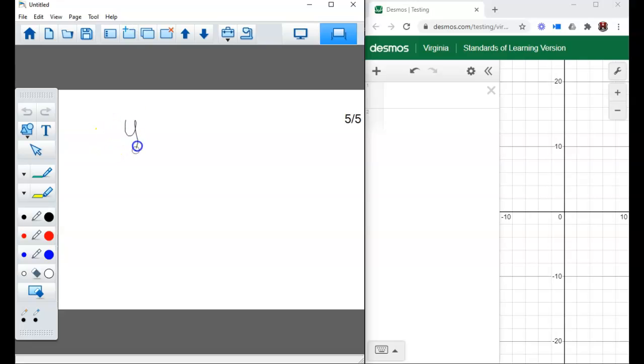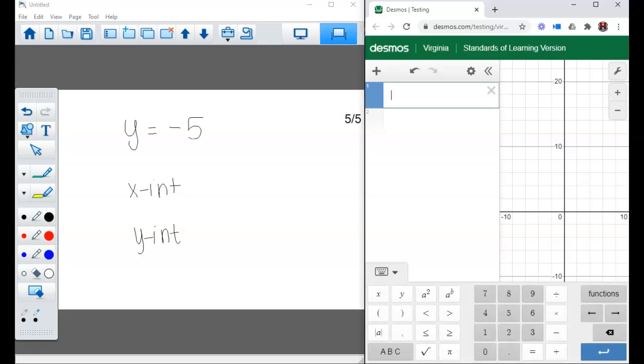And then finally, let's do y equals -5. All right, so keyboard, y equals -5. Notice I get this horizontal line down here.